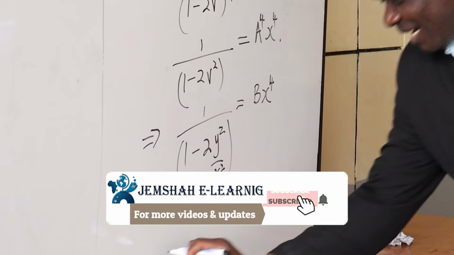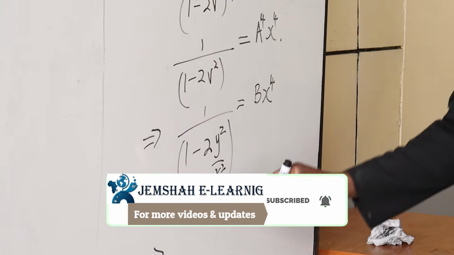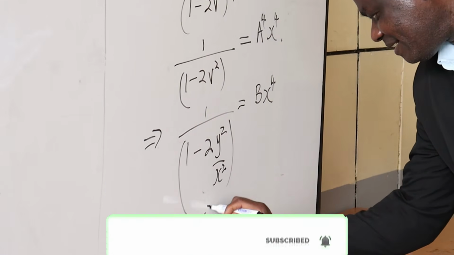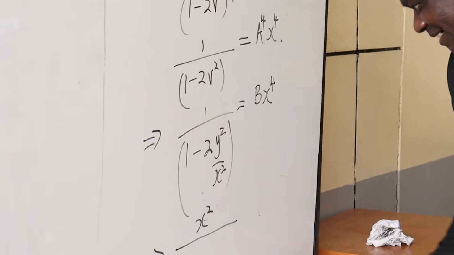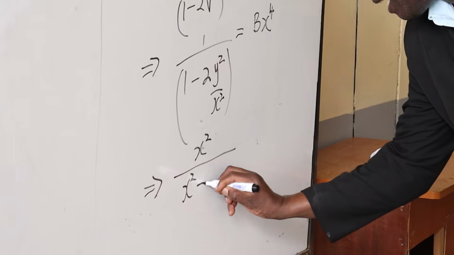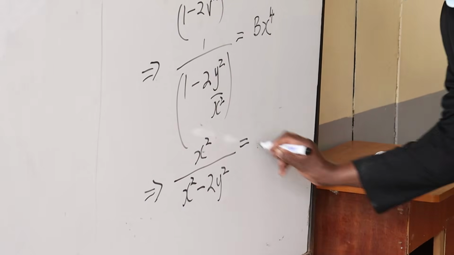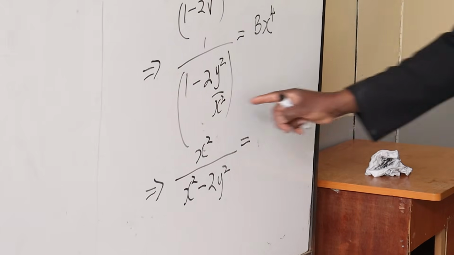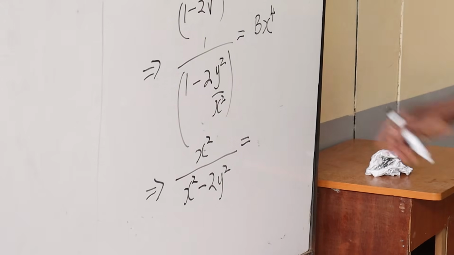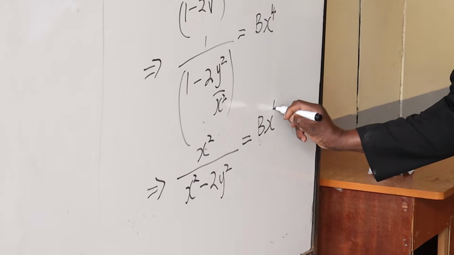So this gives us x squared all over (x squared minus 2y squared) is equal to bx to the power 4.